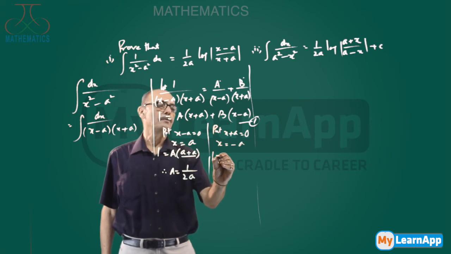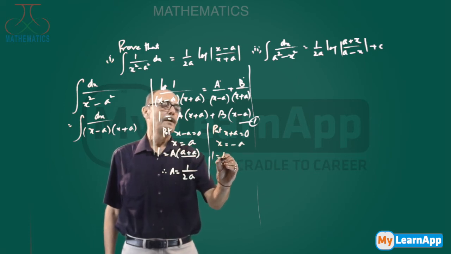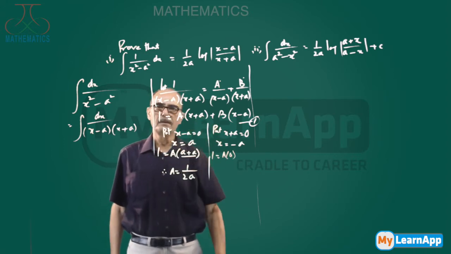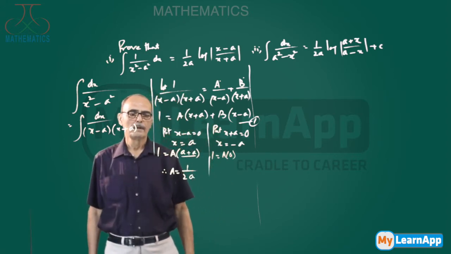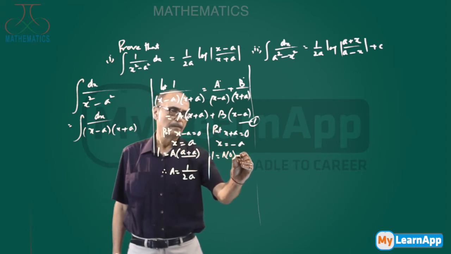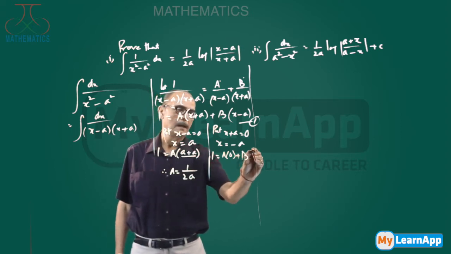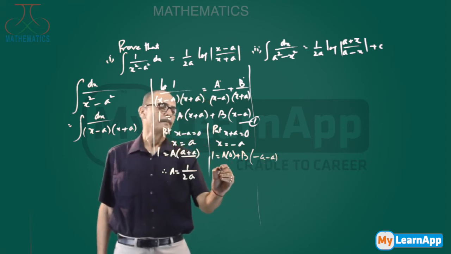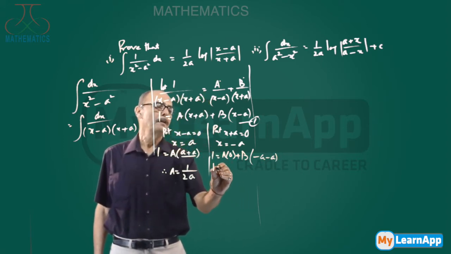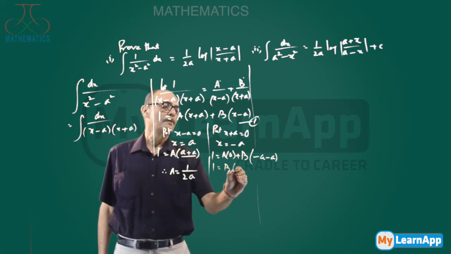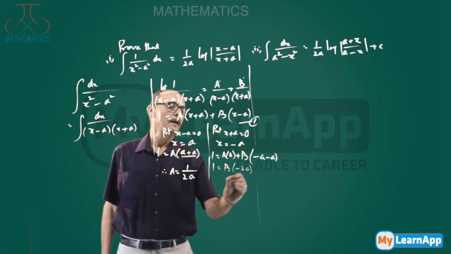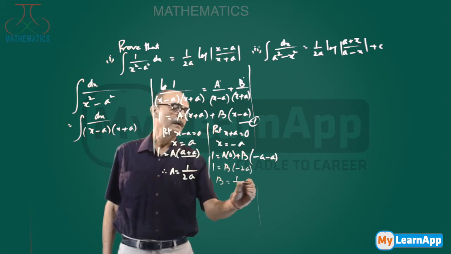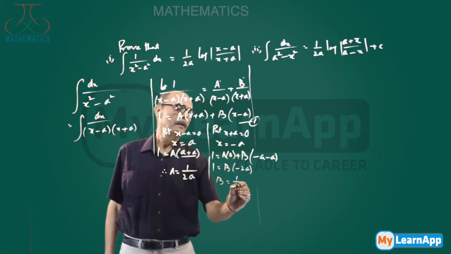So 1 equals A into 0, because minus a plus a will give you 0, plus B into (minus a minus a), or 1 equals B into minus 2a, and B equals 1 upon minus 2a.